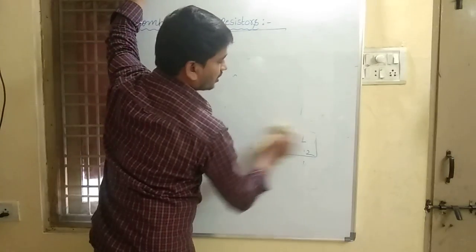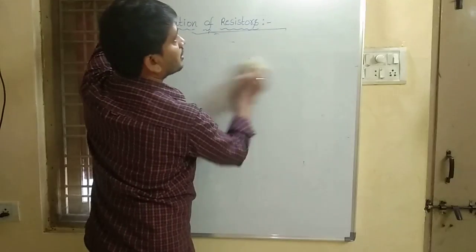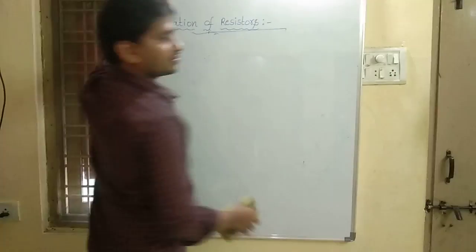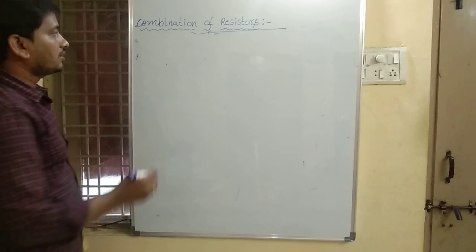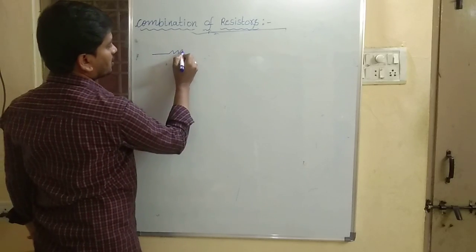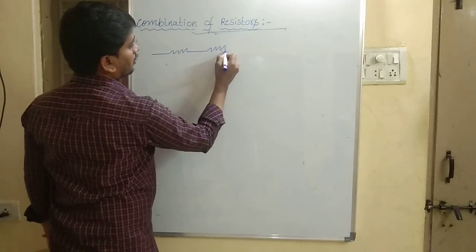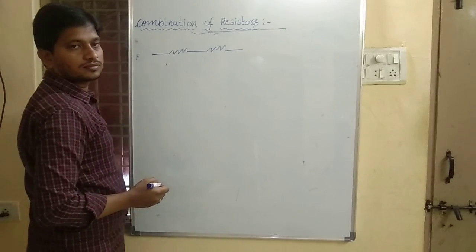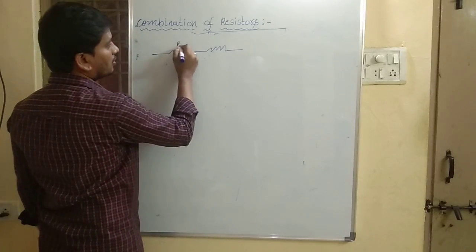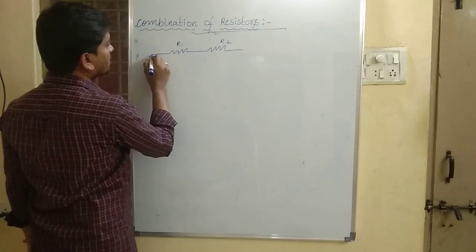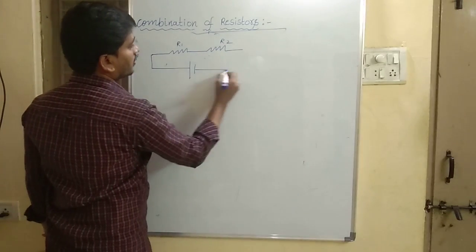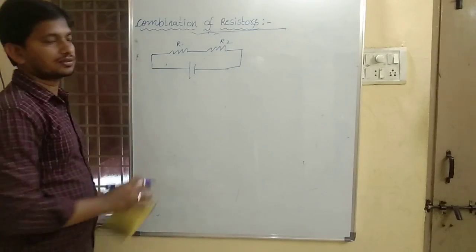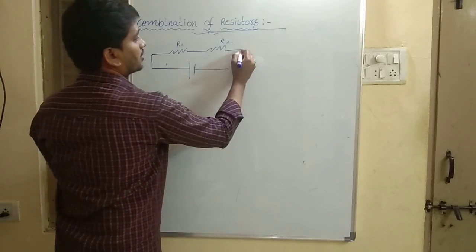Let me explain the difference between series connection and parallel connection once again. If the resistors are connected end to end, consequently, with a cell, that is our series connection.